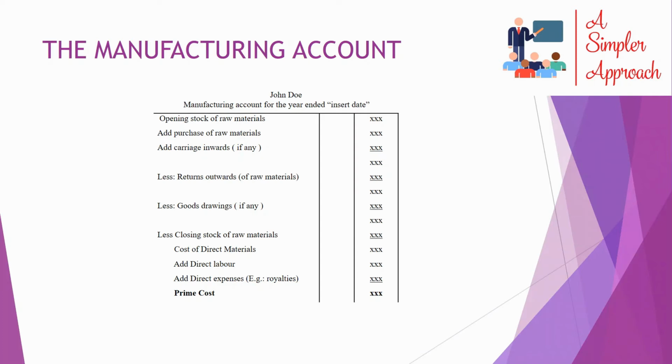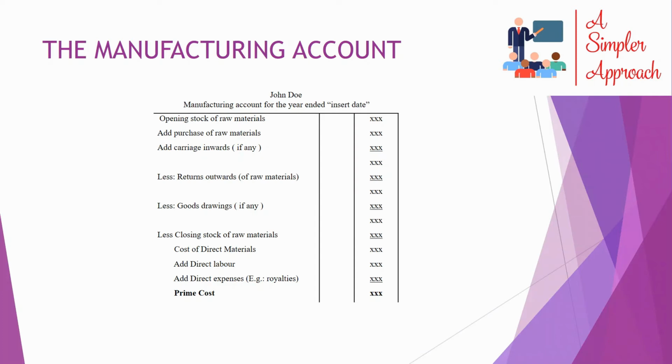And then from that total again, you subtract goods drawings, if any. Then when you have done all of that, you subtract closing stock of raw materials, which represents the raw materials left at the end of the period that was not used. Having done all of that, you would have calculated direct material. How much did it cost me to acquire direct materials?